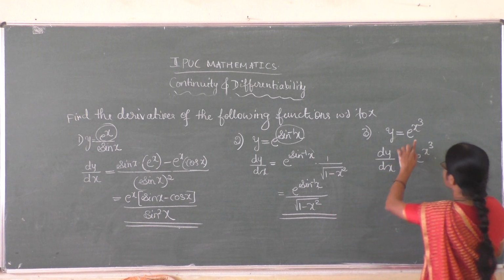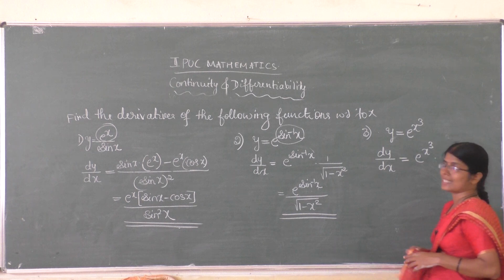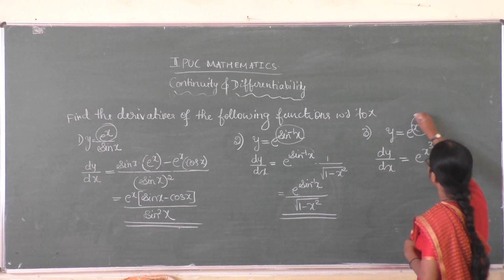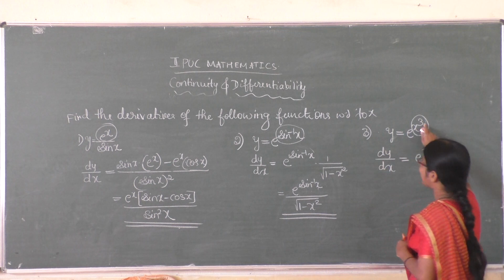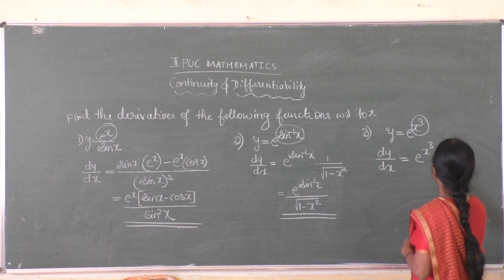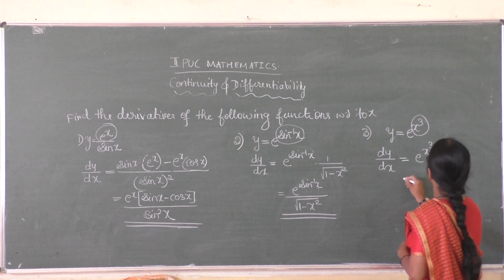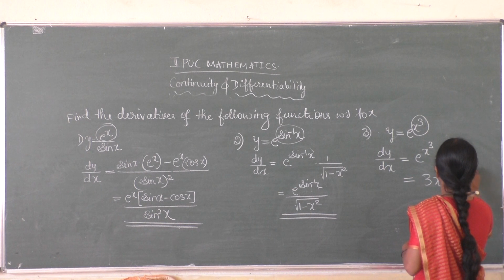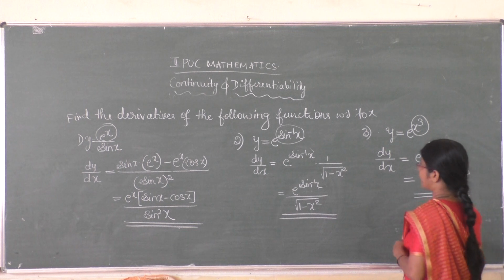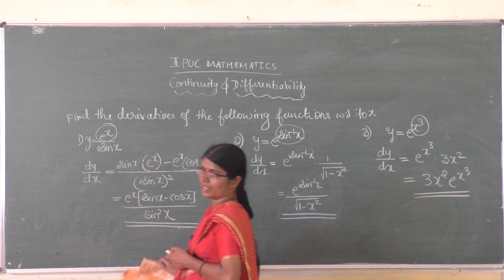So e to the power x cube is e to the power x cube itself. Then you have to find the derivative of x cube. Here also chain rule. What is the derivative of x cube? That is 3 into x square. So 3x square into e to the power x cube, okay. Next one.